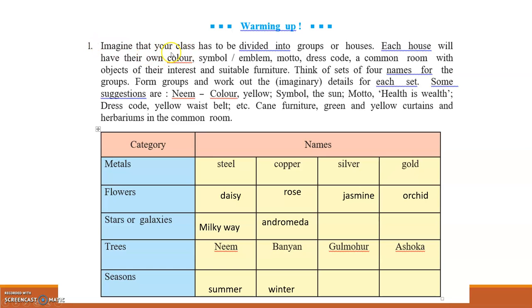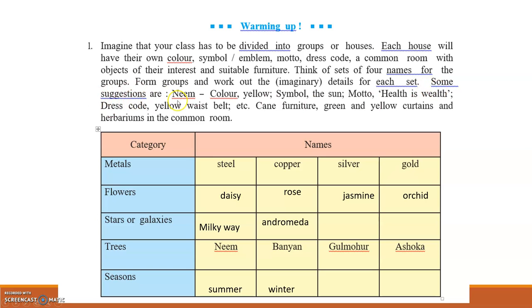Now imagine that your class has to be divided into groups or houses. Each house will have their own color, symbol, emblem, motto, dress code, a common room with objects of their interest and suitable furniture. Think of sets of 4 names for the groups. Form groups and work out the imaginary details for each set.